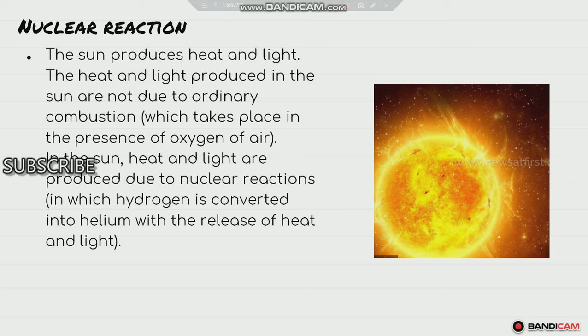The answer is no. The heat and light produced in the sun is not because of ordinary combustion, but because of a different process called nuclear reaction. In the sun, heat and light are produced due to the nuclear reaction, in which hydrogen is converted into helium with the release of heat and light, which is entirely different from ordinary combustion.